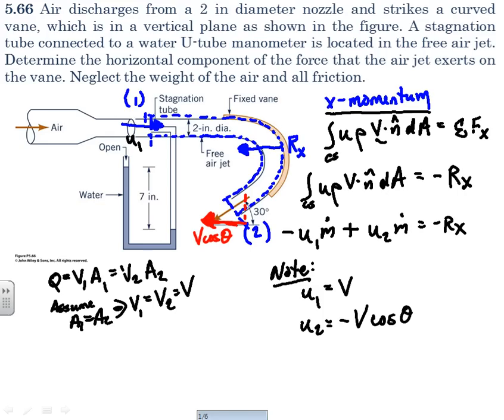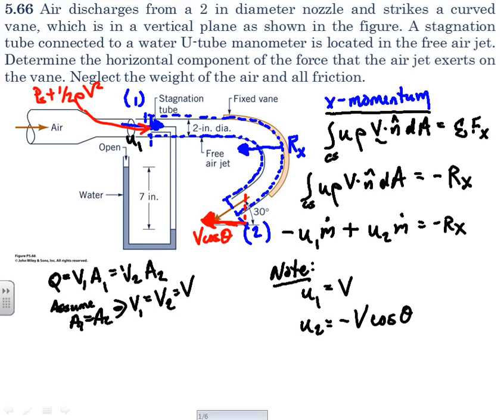But I do know that I have a stagnation tube in my flow stream, and that is hooked up to a manometer. Now, the stagnation tube, so this pressure right here, where I've just drawn this arrow, is going to measure the stagnation pressure, which is the static pressure plus the dynamic, 1/2 rho V squared.